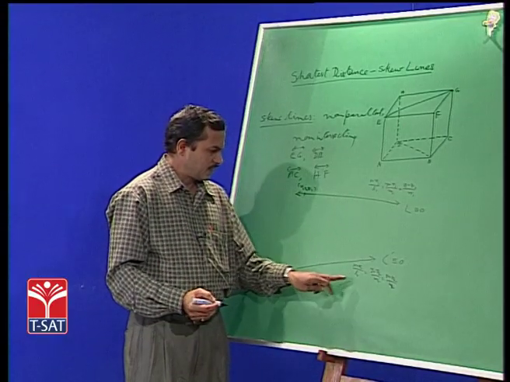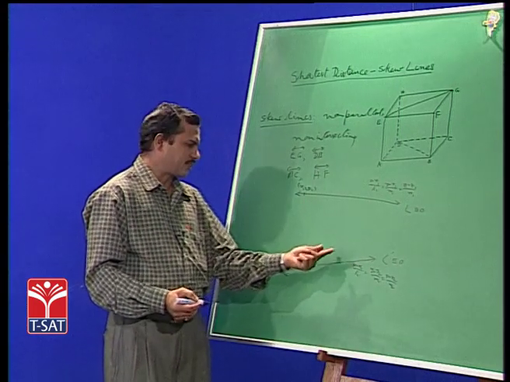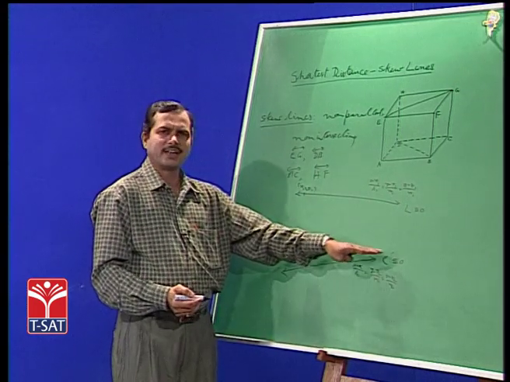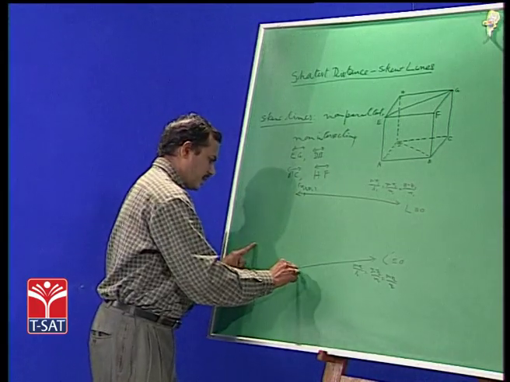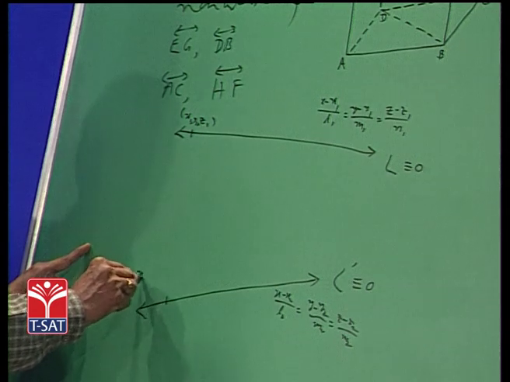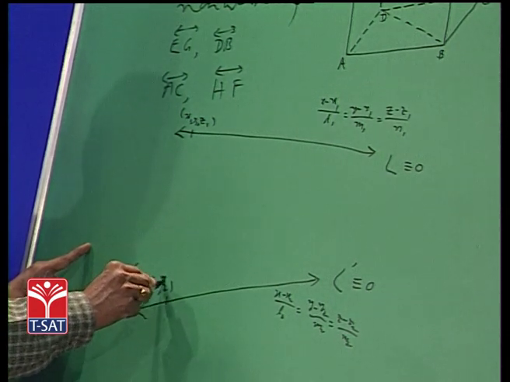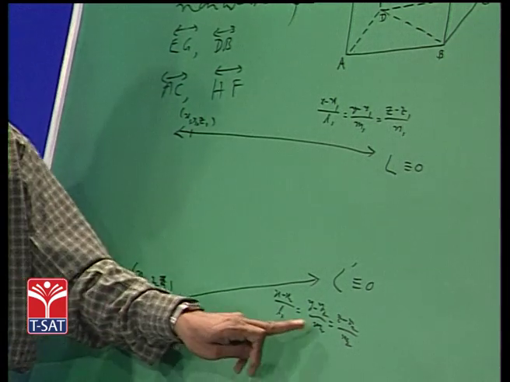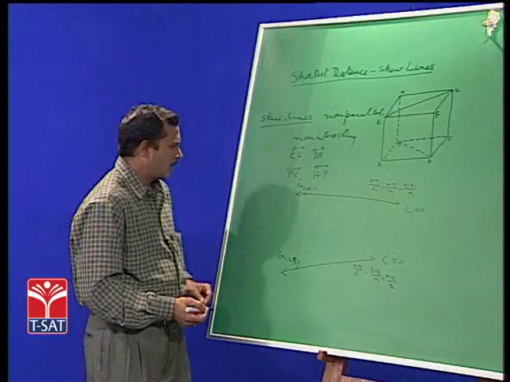And here these coordinates x2, y2, z2 are the coordinates of a point through which this line L dash equal to 0 is passing. Say this is that point, its coordinates are x2, y2, z2, and l2, m2, n2 are the direction ratios of this line.